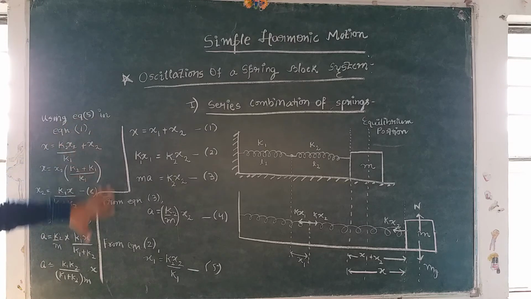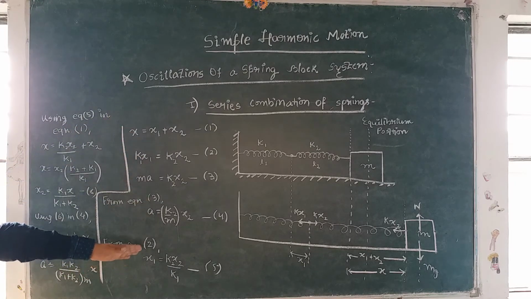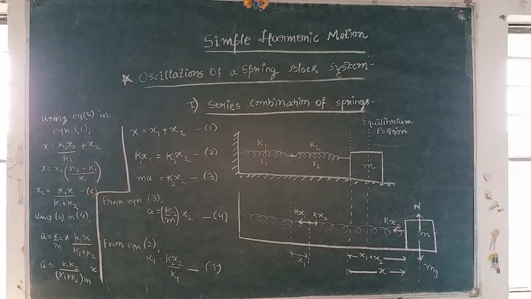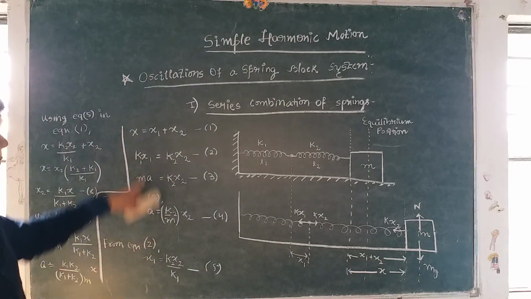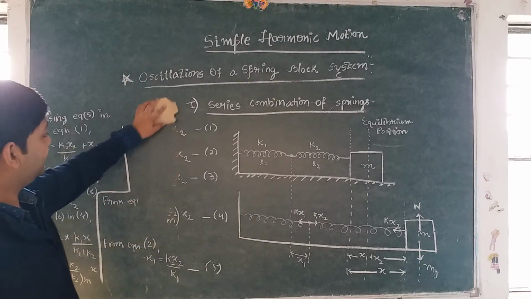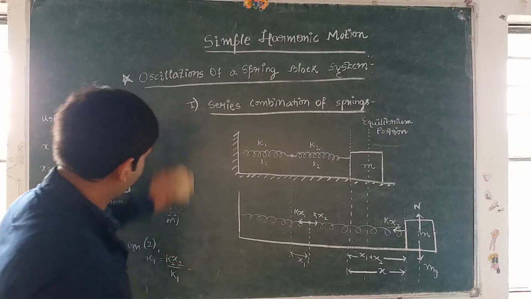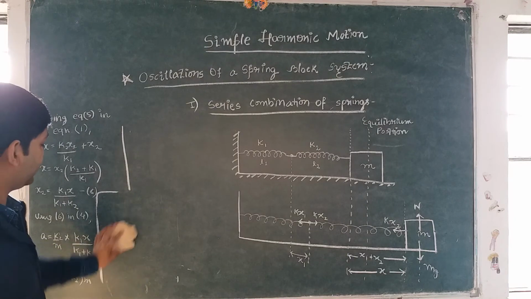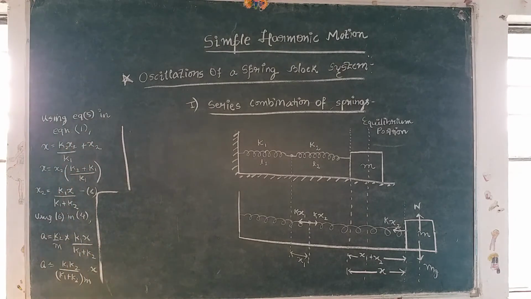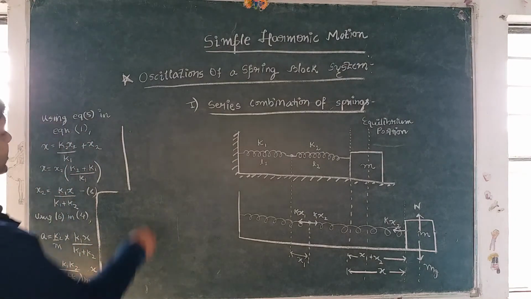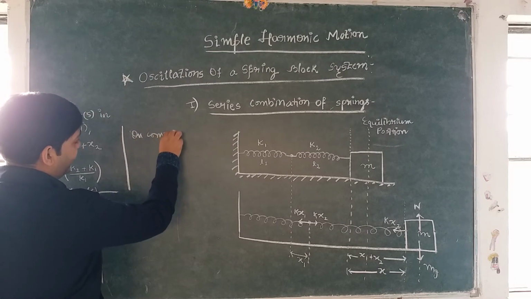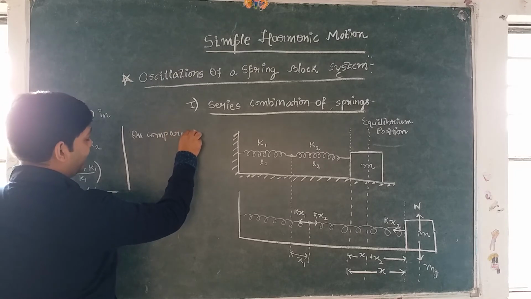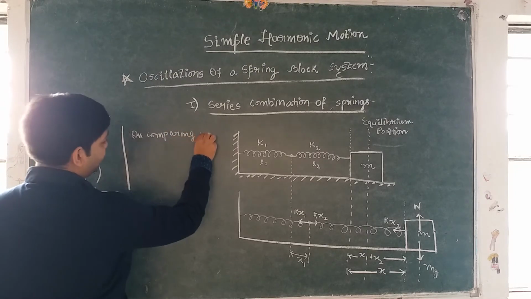Please note down till here, and then I am going to erase this part so that we can take the derivation forward. I hope you have already copied this. So now I am going to erase this thing. Now if we compare this equation on comparing with A is equal to omega square x, right?